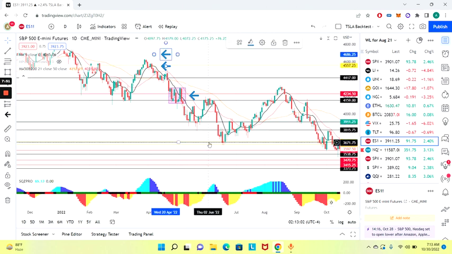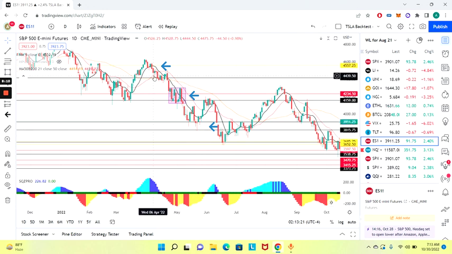And this one is scenario 2, where we have a failed breakout. Reaction from 21 MA, go to 9 MA, rejection.